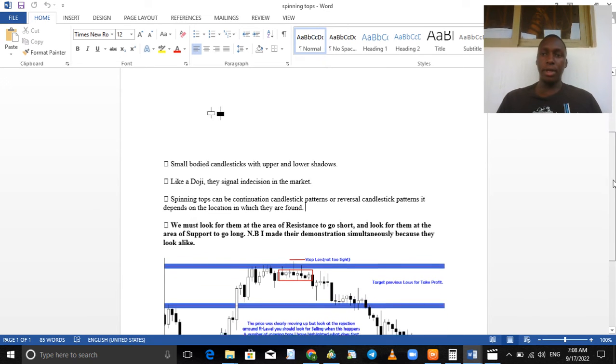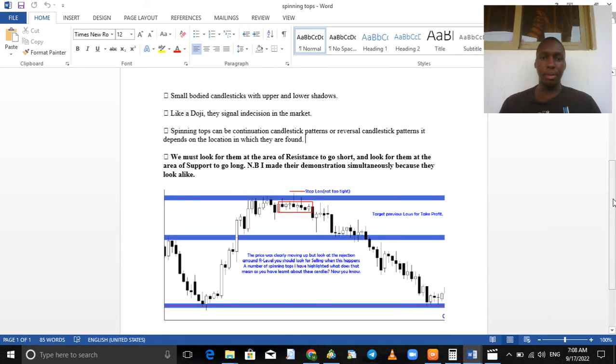Now, indecision in the market sometimes brings some volatility, because we price action traders believe that whenever the market is consolidating, it's making a pattern to push it to the upside or the downside. It depends on the trend that the market is trying to trend for.